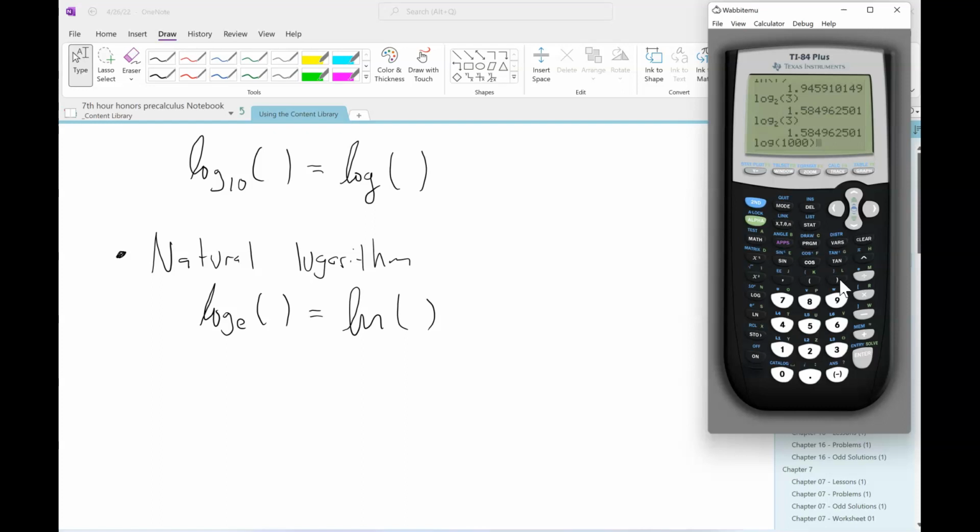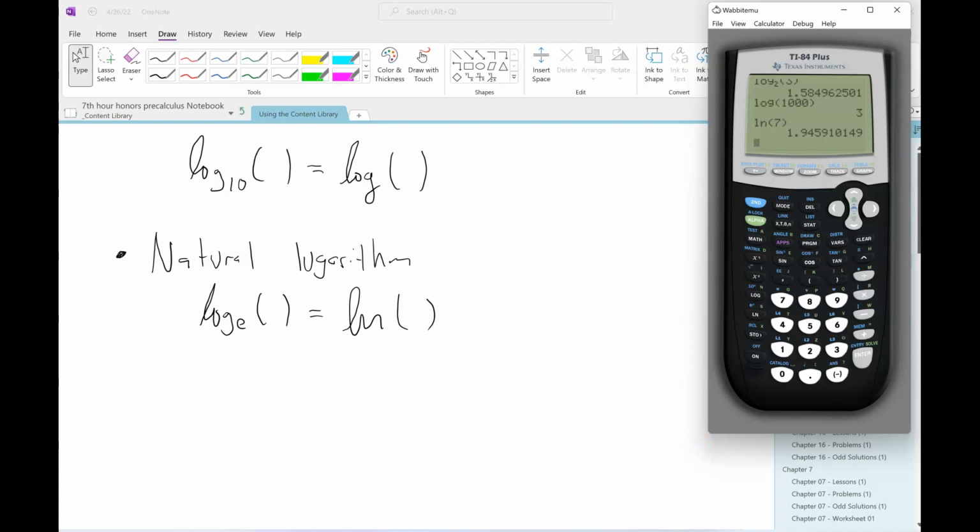So log base 10 of 10 to the third is 3. Or if you wanted to do, say, the natural log of 7, is that one a mental math problem? No, because there's not an obvious way to rewrite 7 as a number with base e. That's just going to be some hairy-looking decimal. Everybody's okay?